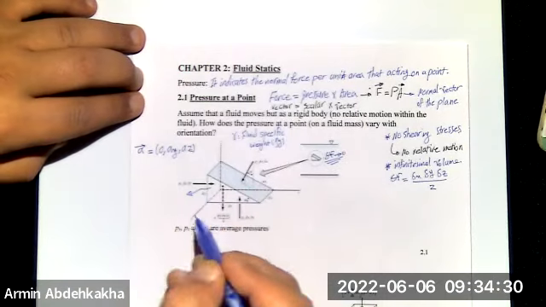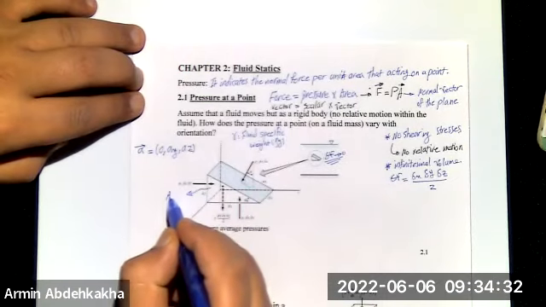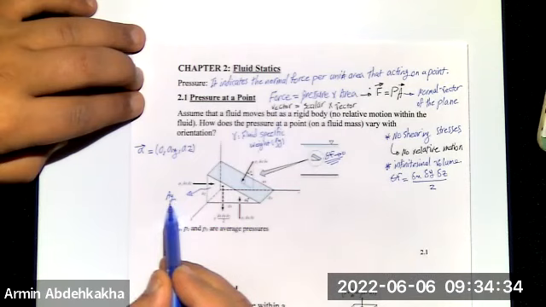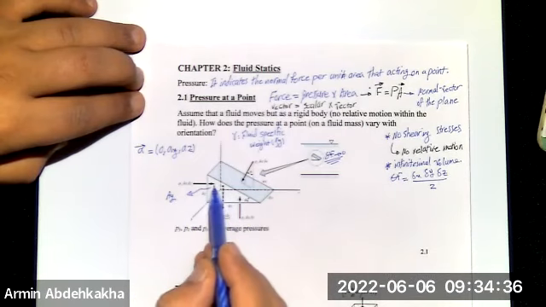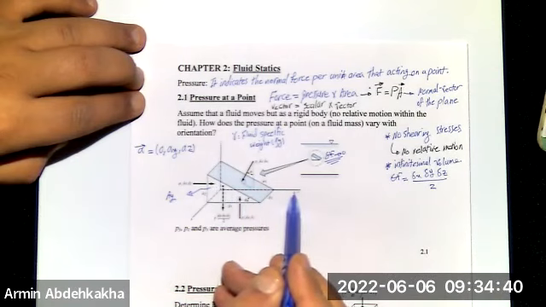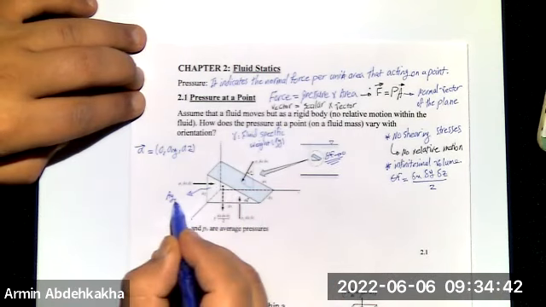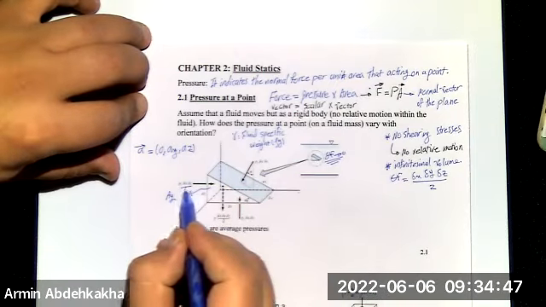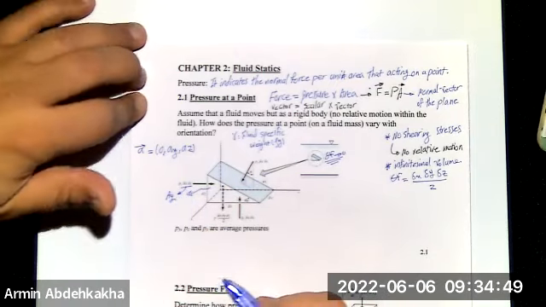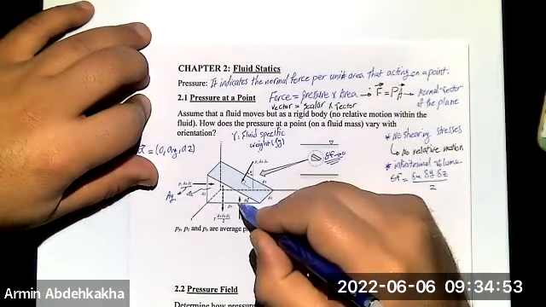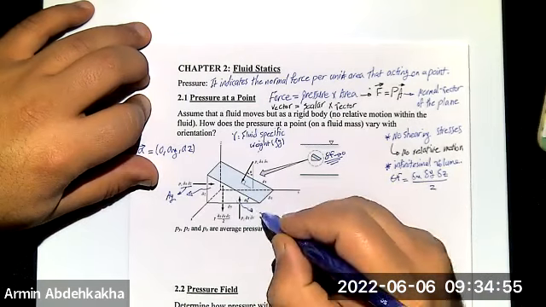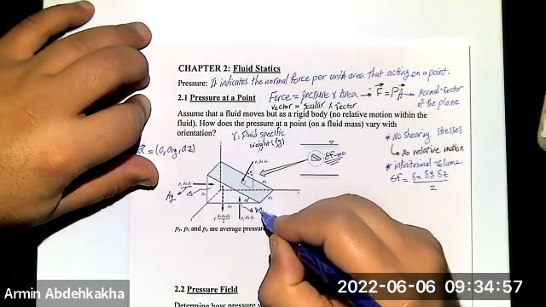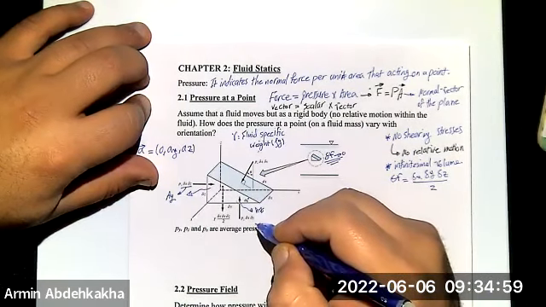What's the area on this side? Ay. Why did I write it Ay? Because the normal direction to the plane here is the y direction. So we wrote it Ay, and it is equal to delta x delta z, right? What about this surface? It's Az because of the normal direction.